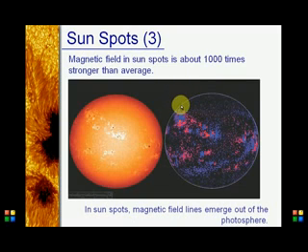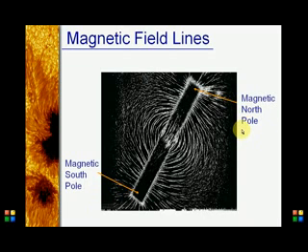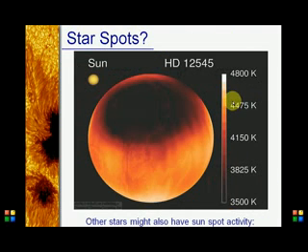In sunspots, magnetic field lines emerge out of the photosphere. So any magnet has a north pole and a magnetic south pole, and they have magnetic lines. And other stars might also have spot activity.